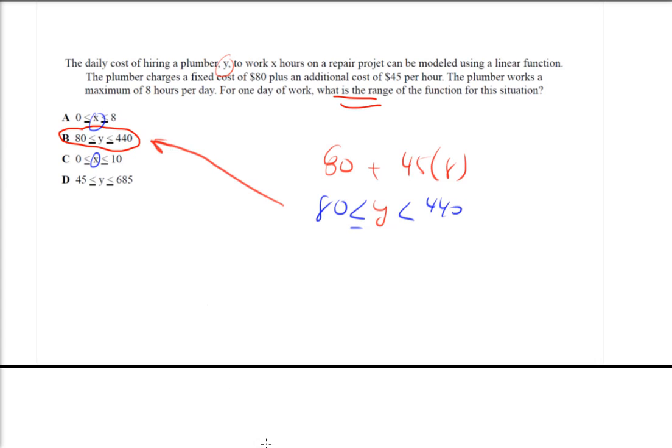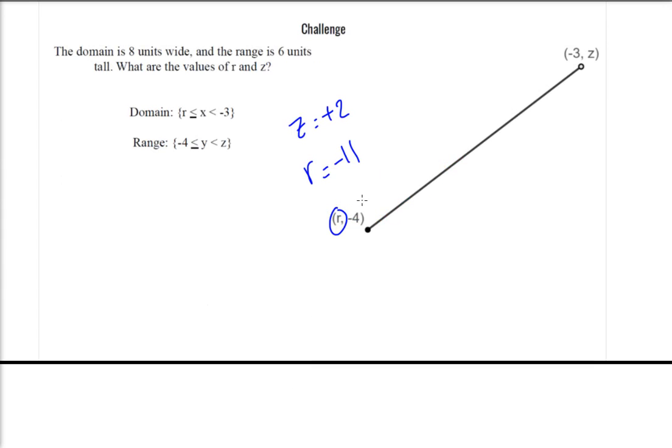All right, so question number 20. You're being told that the domain is 8 units long. So from here to here is the domain, 8 units. And then you're being told that the range is 6 units tall. So from here to here is 6 units tall. We don't know what R is, but we know that it's 8 units away from -3.